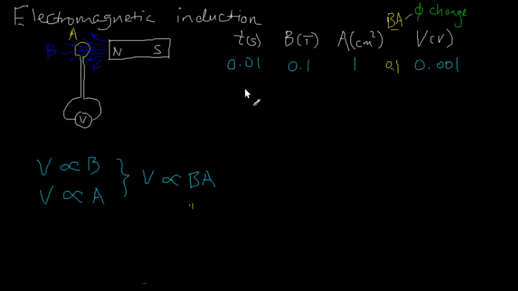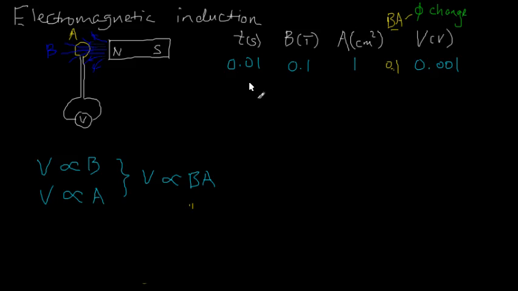Suppose this time that I keep the same magnet and I keep the same loop, so that my starting magnetic flux is 0.1. Instead, I'm going to try and change the time it takes for me to whip this magnet away.